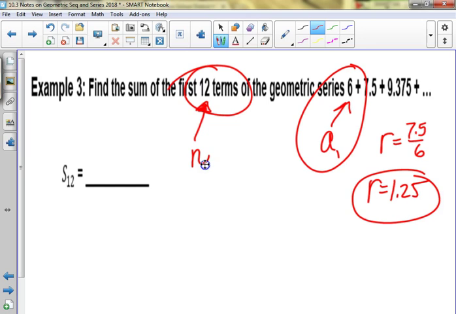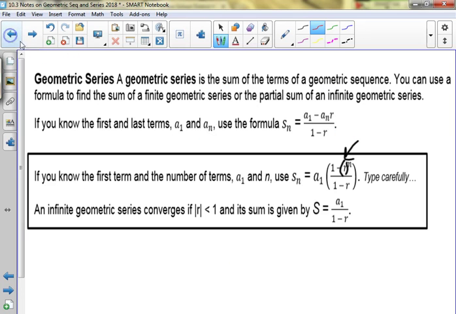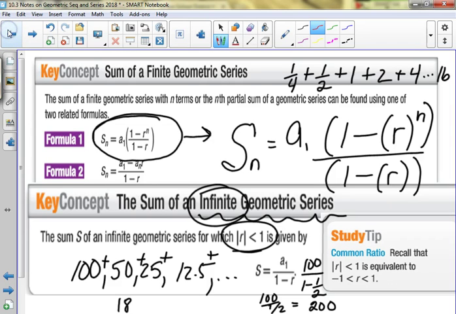If you were writing the sequence, yes, you would say 6 times 1.25 to the n minus 1, okay? But when you do the sum, guys, what's the formula? Let me take a little picture of it here for you.